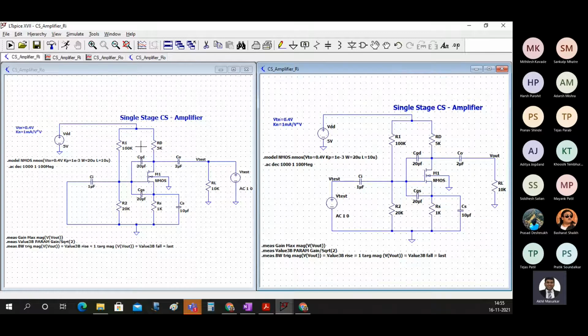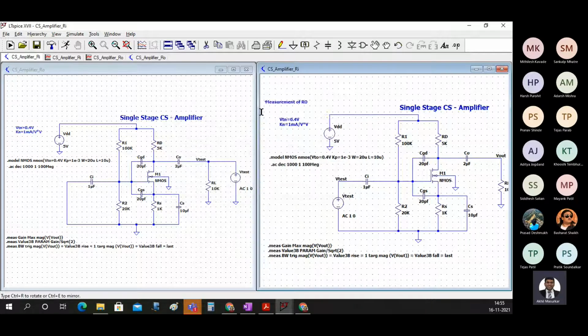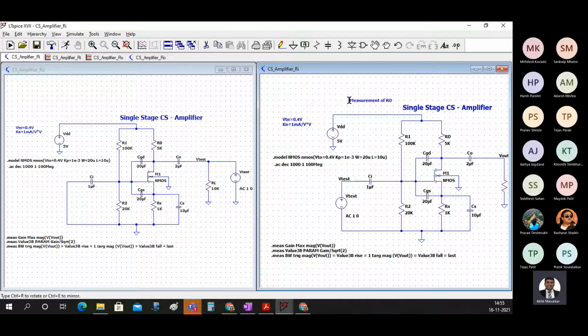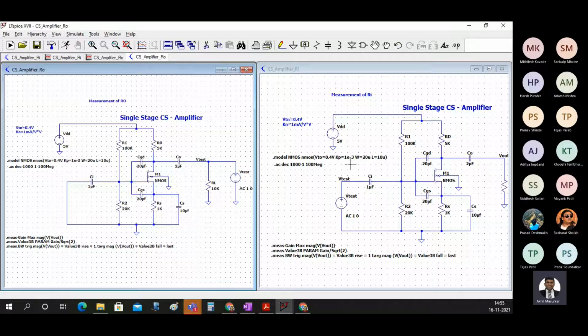So these are single stage amplifiers, and this is the circuit for measurement of RI, and here this is the circuit for measurement of RO.